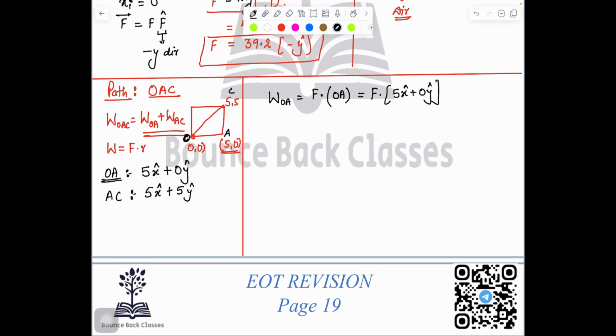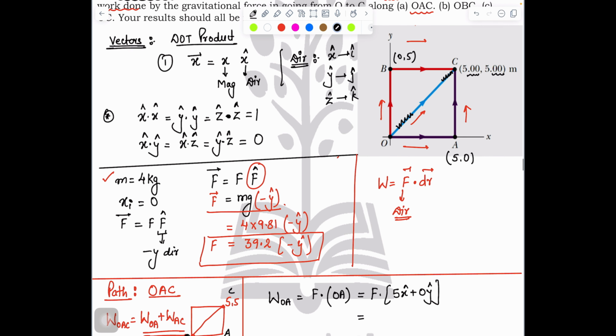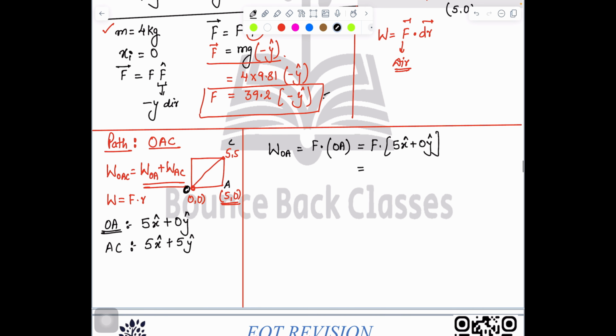Yes or no? What is the force we have? Here is the value: 39.2 bracket negative y cap dot 5x cap plus 0 y cap. Solve this.